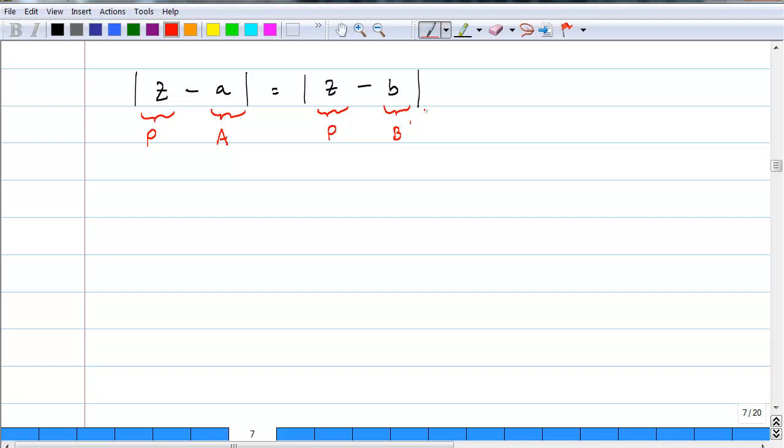Let's take a look at this diagram to see whether what I've just said makes sense. I have the point A here and I have the point B. Now I want to form a set of points P such that the distance between P and A is always the same as the distance between P and B. What can I do? One way is to use a protractor.